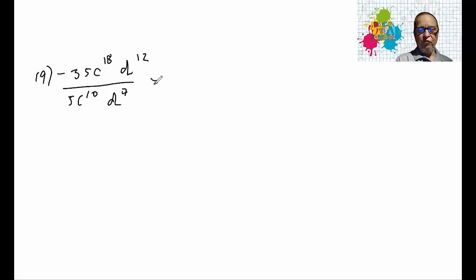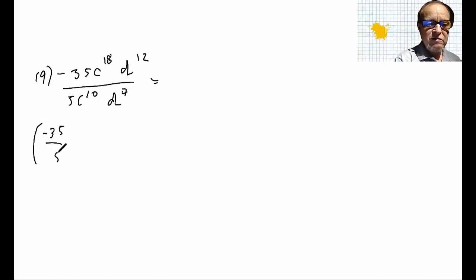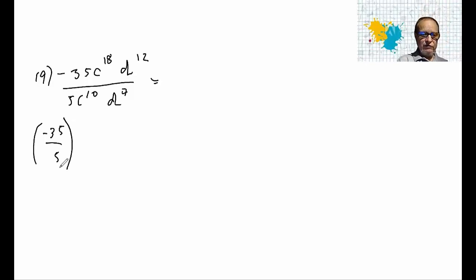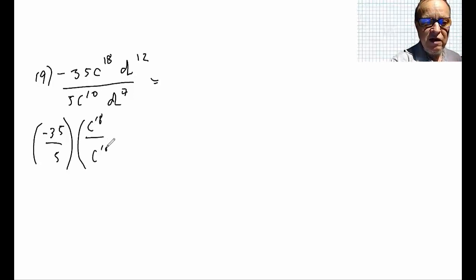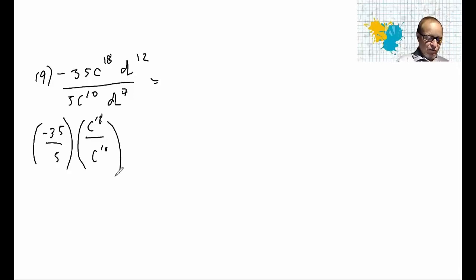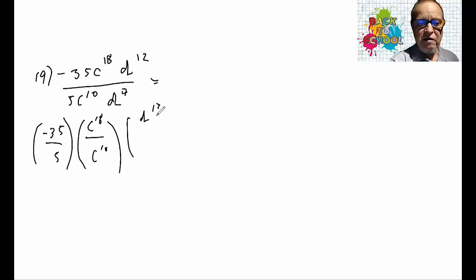And as before, I'm going to put my numbers in one bracket and work that out. And then I'll put my c's in the next bracket. And then I'll put my d's in the last bracket, and then I'll work it out.